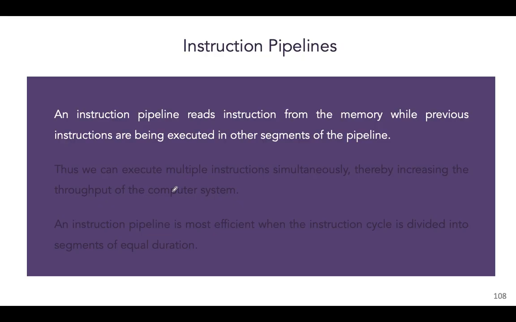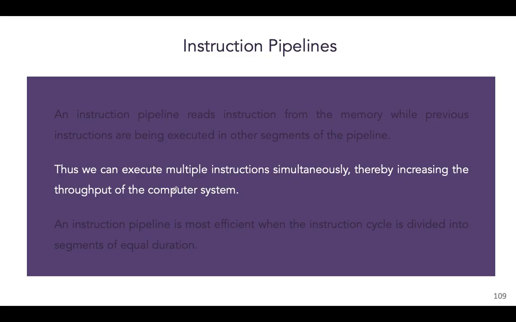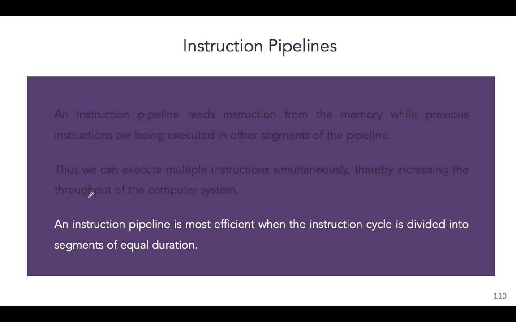An instruction pipeline reads instructions from memory while previous instructions are being executed in other segments of the pipeline, right? Thus, we can execute multiple instructions simultaneously, thereby increasing the throughput of the computer system. Throughput is the number of instructions executed per second, right? So by executing multiple instructions at the same time, we can increase the throughput.